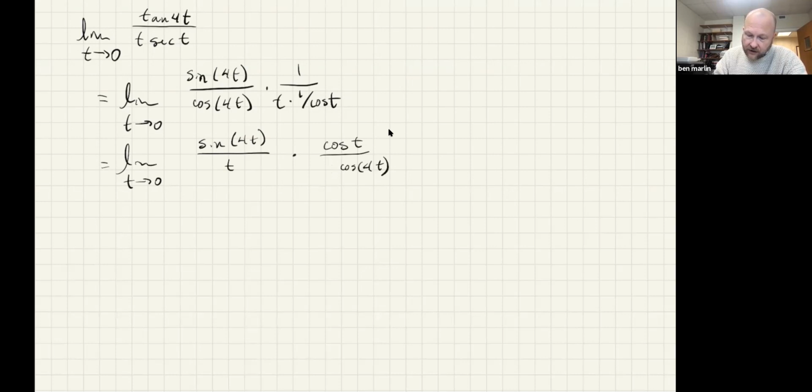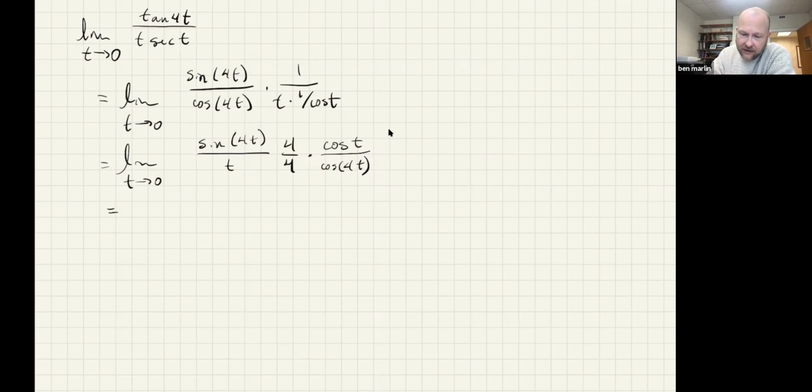That should have been just cosine of t over the cosine of 4t. So, all right, now, the thing that you'll spot is that this isn't quite doing what I want it to. Notice that I've got sine of 4t over the lonely old t there. So to make this work out right, I need to multiply a 4 on the top and the bottom, because I cannot factor 4 out of the sine. If I could, I would.